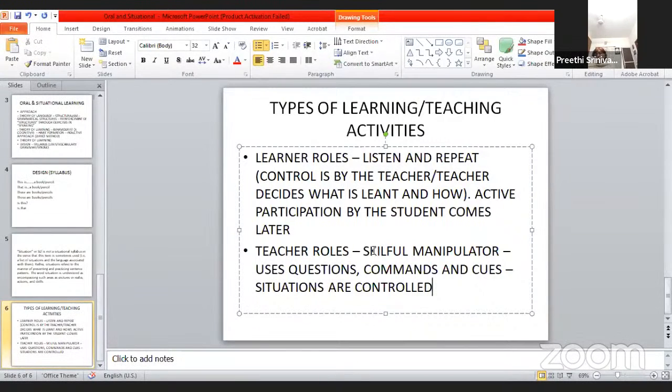Okay, then pronunciation. Pittman's exercises gave a lot of importance to pronunciation. Pronunciation, then revision, presentation, oral practice, reading of material in the new structure, written exercises.